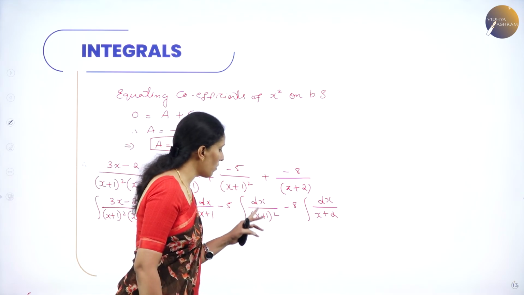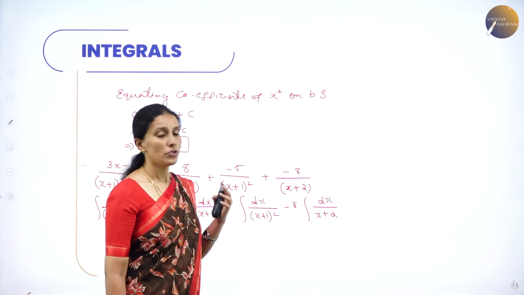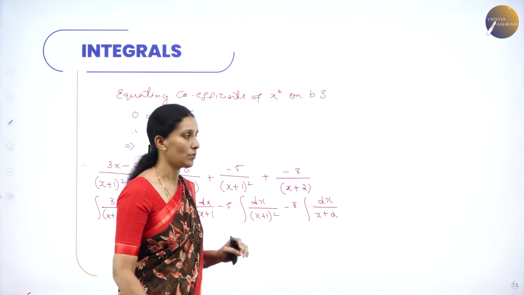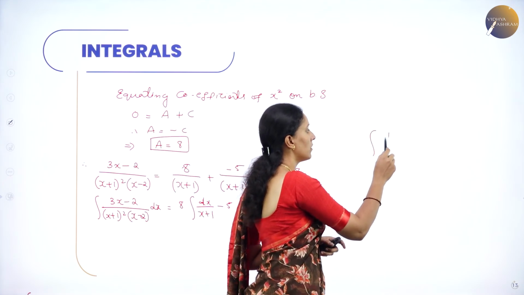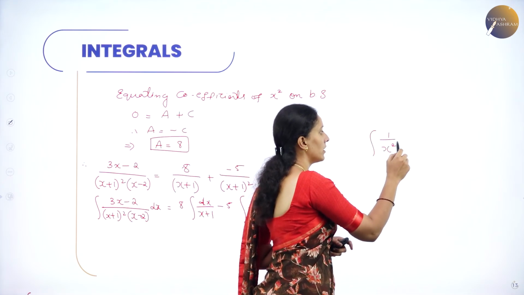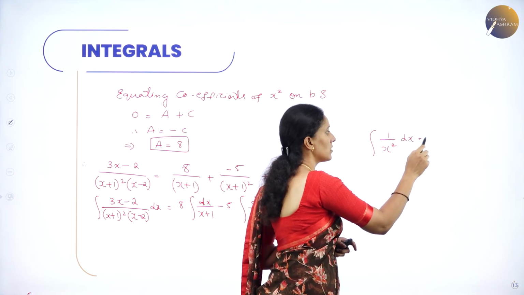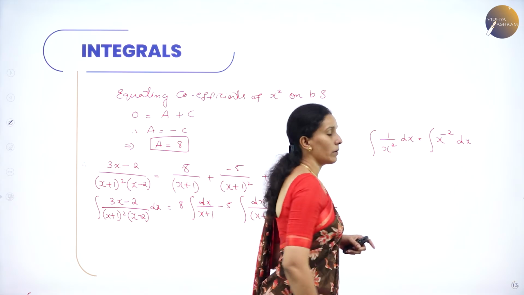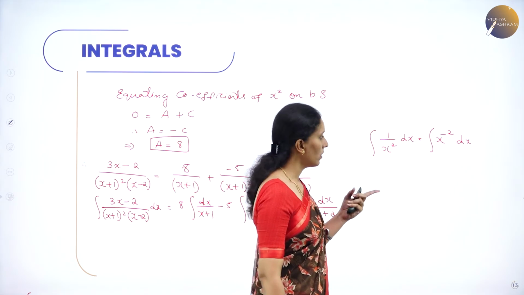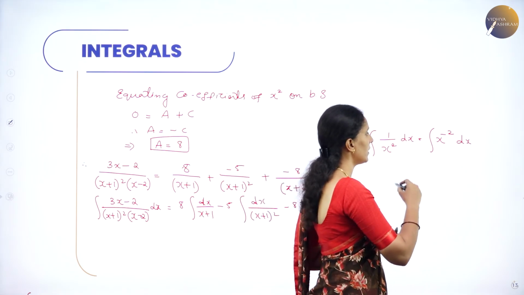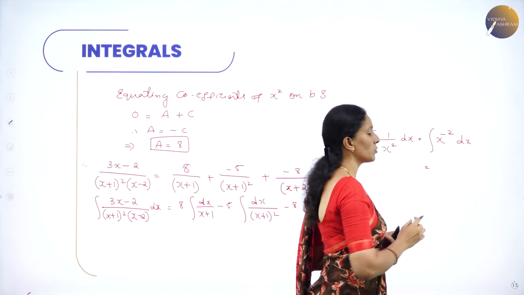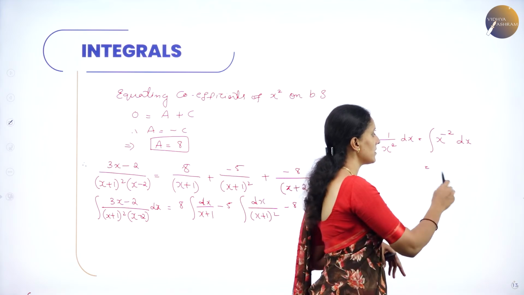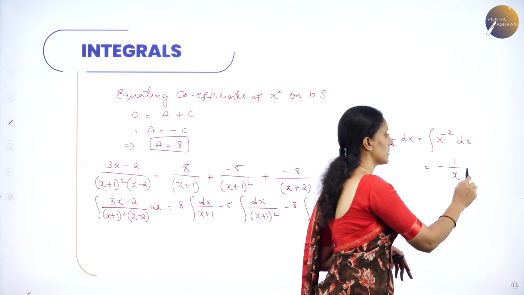But here this is in the form of 1 divided by x square. So when you have 1 divided by x square, what is the integral of 1 by x square dx? This is nothing but x to the power minus 2 dx. So it becomes minus 2 plus 1, which is minus 1, so x to the power minus 1. So we can write this as minus 1 by x plus c.